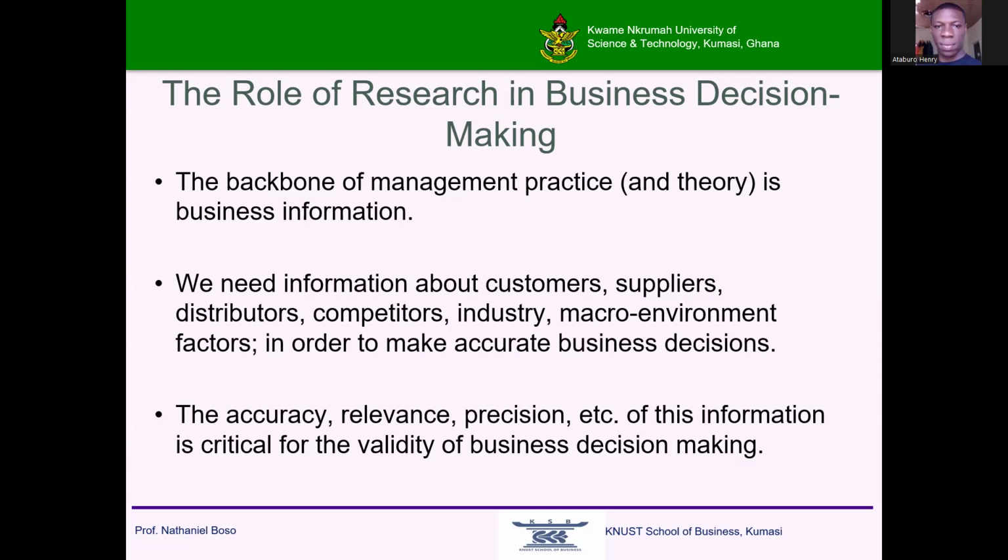You will need information to convince management that it is a viable product, in that you can obtain the materials within a reasonable cost, produce them and supply your customers continuously, okay? So you need information, and that information must be accurate, relevant, precise, and valid for the business decision.